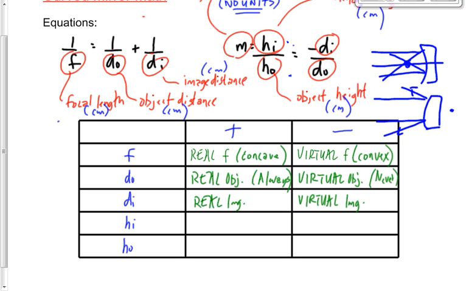No, but you're close. HI is not going to be positive when the image is real, because DI is positive when the image is real. Real or virtual determines whether DI or DO is positive, or F. HI is positive if the image is right side up.